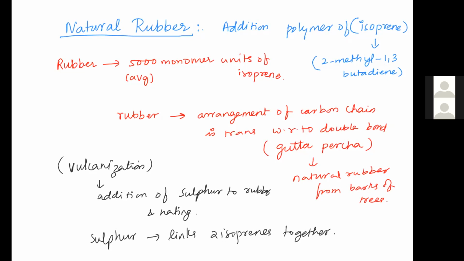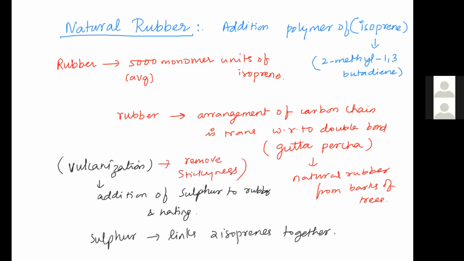And you know the natural rubber can be stretched only to a certain extent. And the hydrocarbon chains have the tendency to regain their shape when you put some stress on them. So vulcanization is done to remove the stickiness of rubber.